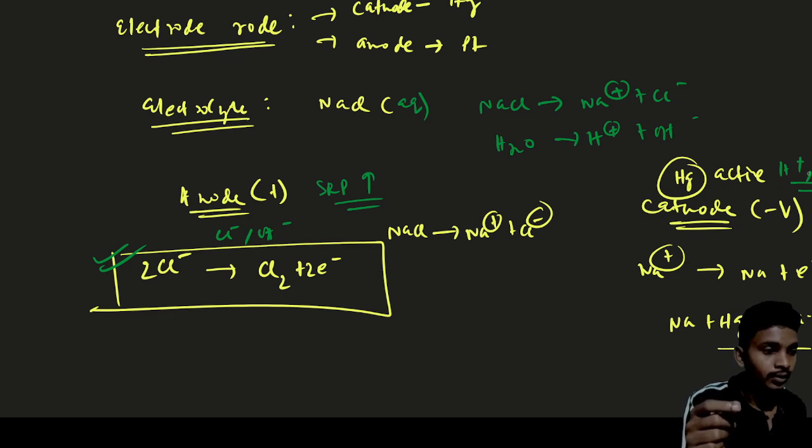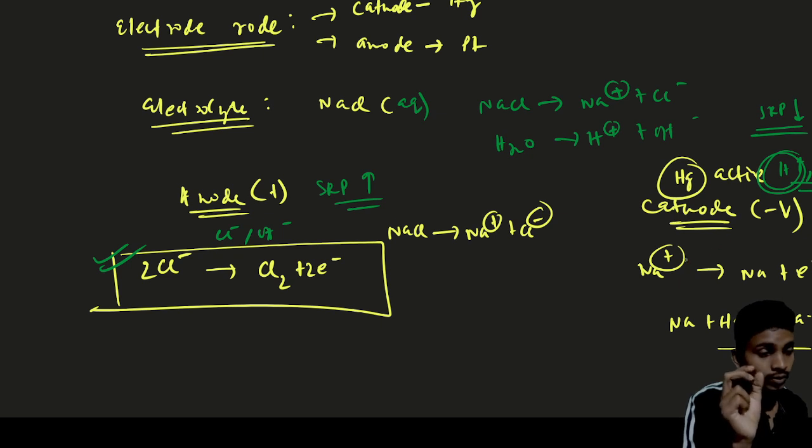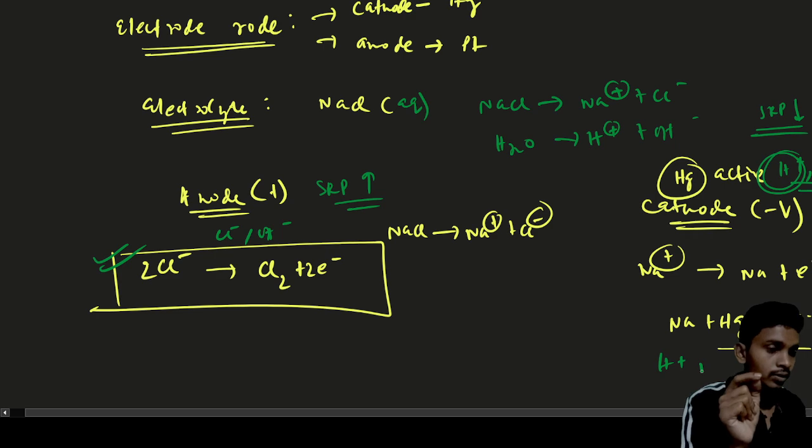And in the cathode, in the SRP series, going downward, H plus dominates. So H plus should gain electron and give H2.